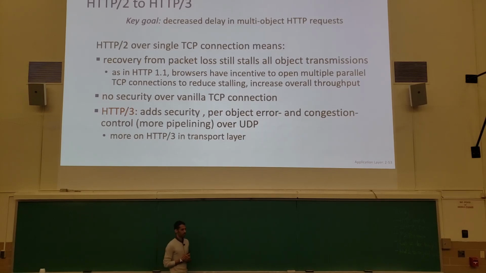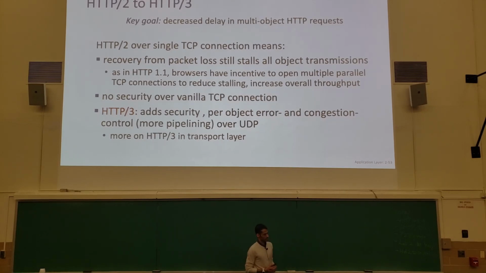So HTTP 3 does even more of a feature creep into transport level functionality. In fact, it explicitly allows for support for a transport protocol called QUIC. That's the word QUIC without the K at the end. That's a new transport protocol. This was developed by Google.